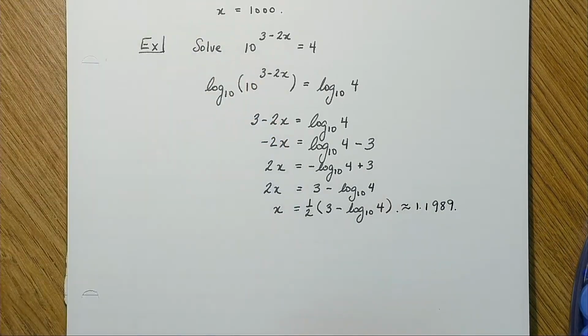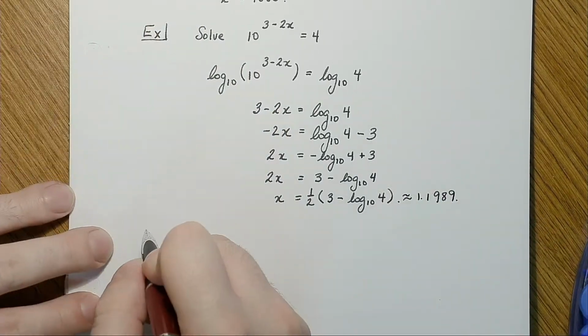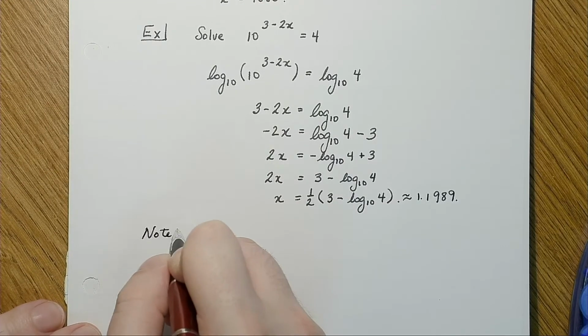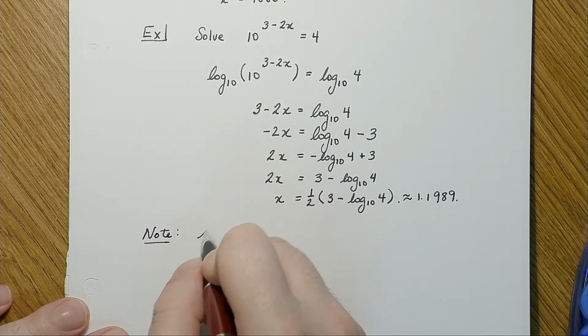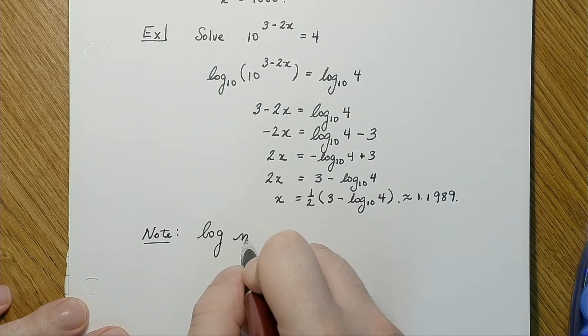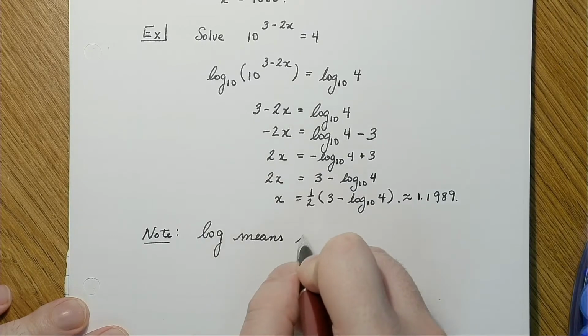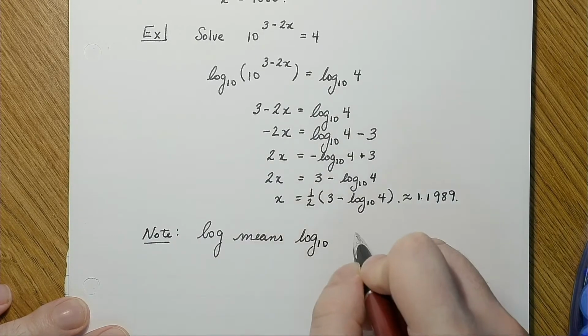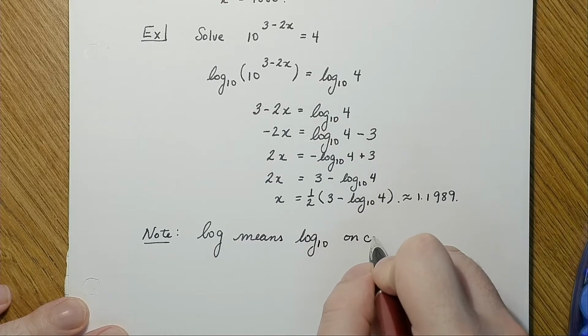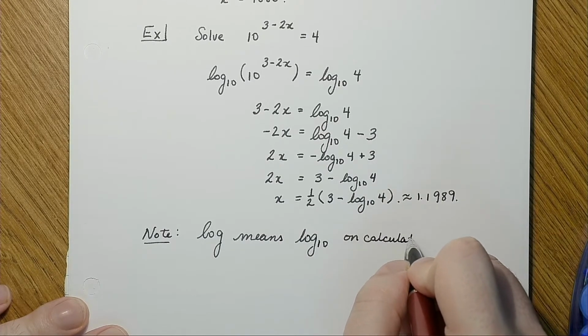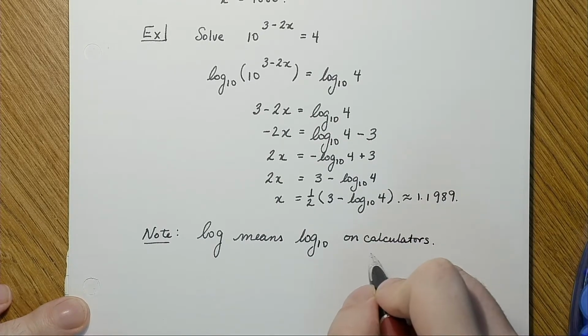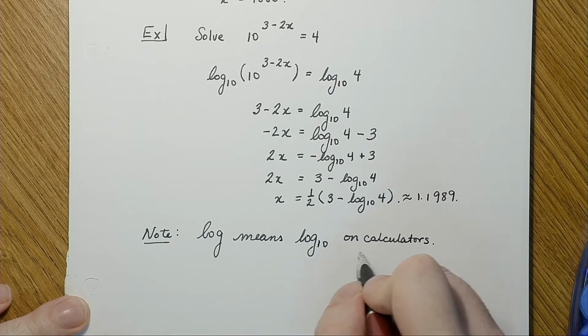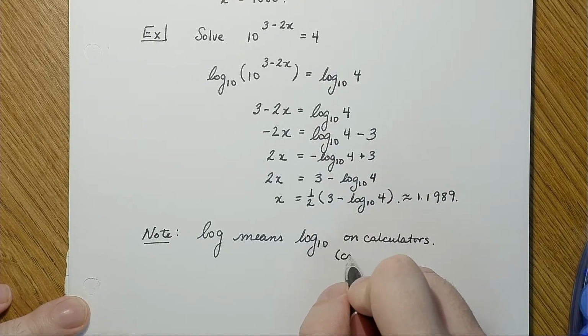So Miguel asked a question, which was: note on calculators, usually log means log to the base 10 on calculators. And this is what we usually refer to as the common log.